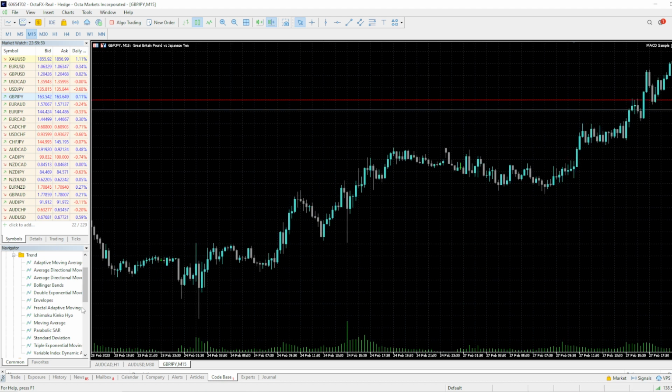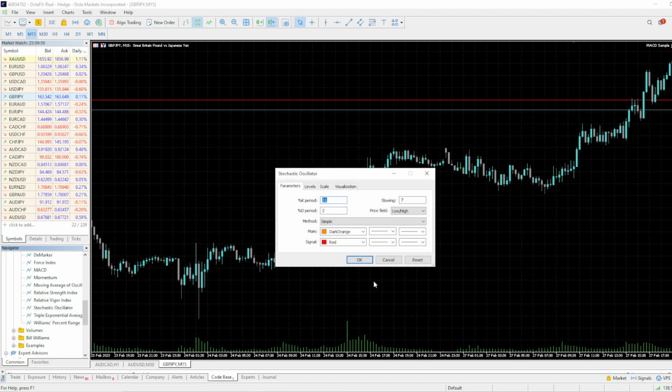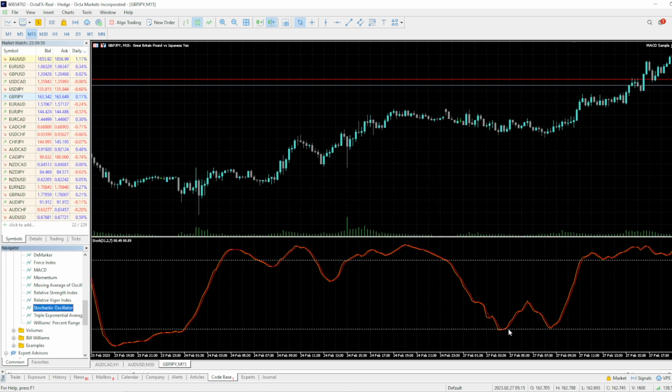So we're going to pick something in oscillator, like MACD or the stochastic oscillator. I'll pick the stochastic oscillator. Any of these, you can see the setting, let it be. I'll just bring it on my chart.